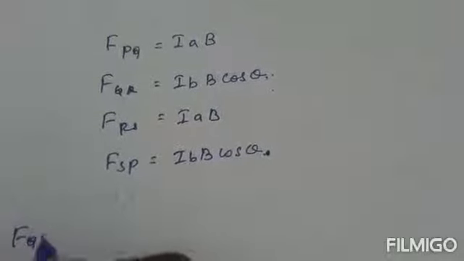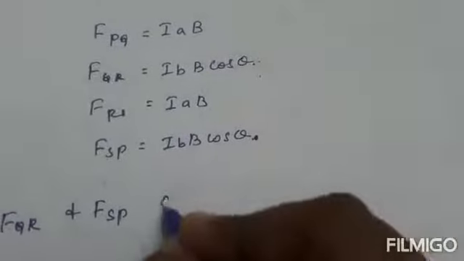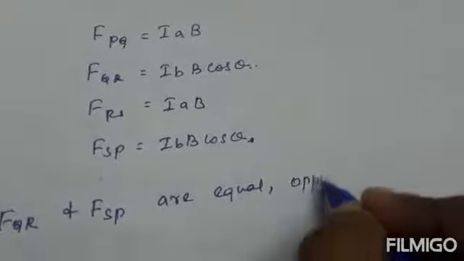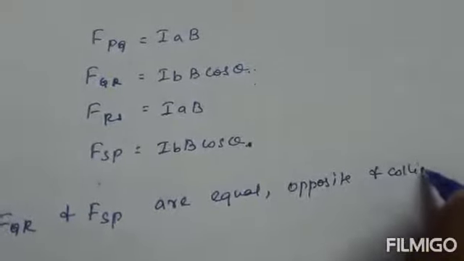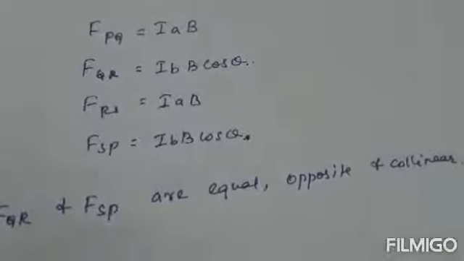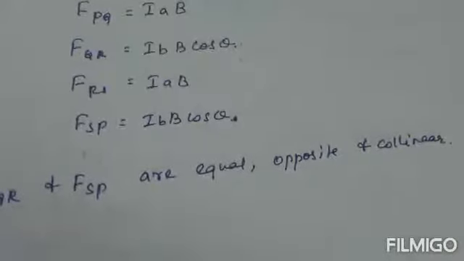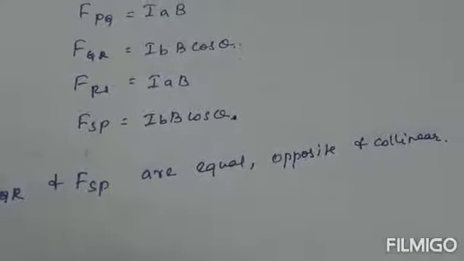F_QR and F_SP are equal, opposite and collinear. So they will cancel each other.